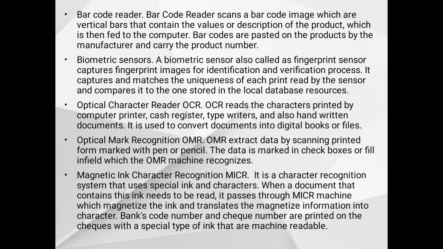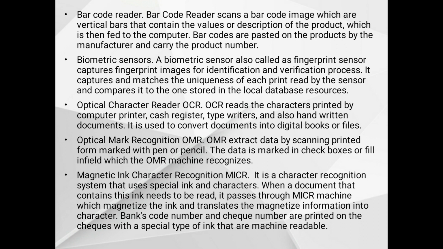Now magnetic ink character recognition reader, MICR. This is a character recognition system that uses special ink and characters. When a document that contains this ink needs to be read, it passes through the MICR machine, which magnetizes that ink and translates the magnetized information into characters. Especially you will see this in banks.